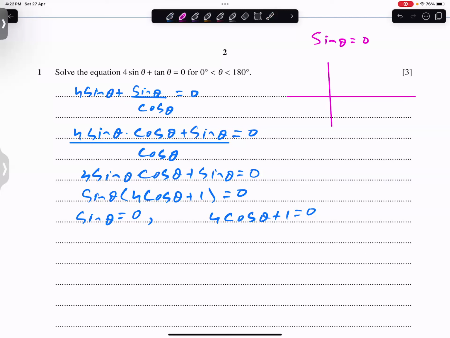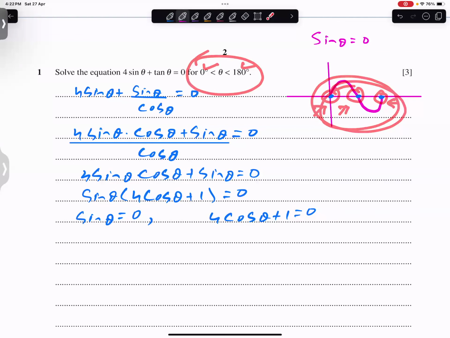If you look at the graph of sin theta, sin theta is 0 on these points. And no point is included in your domain because your domain is from 0 to 180. Sin theta is 0 on these 3 points, but they are all not included in the domain.